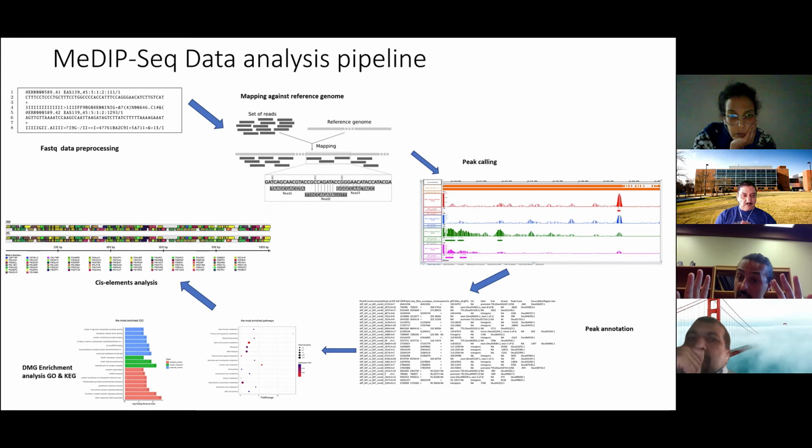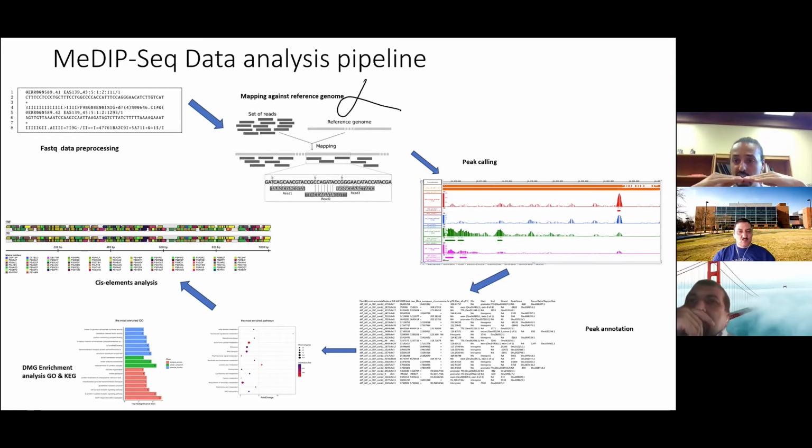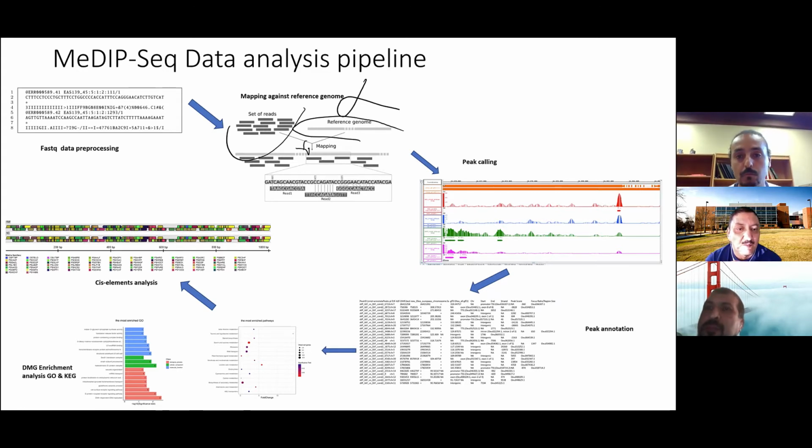When you have clean data, we go to the second step, which is the mapping against the reference genome. What is mapping against a reference genome? You have a set of reads, and you're looking at the overlap between your set of reads and the reference genome, and that's the mapping. When you map, you get a BAM file. You take that BAM file and run some statistics on it.